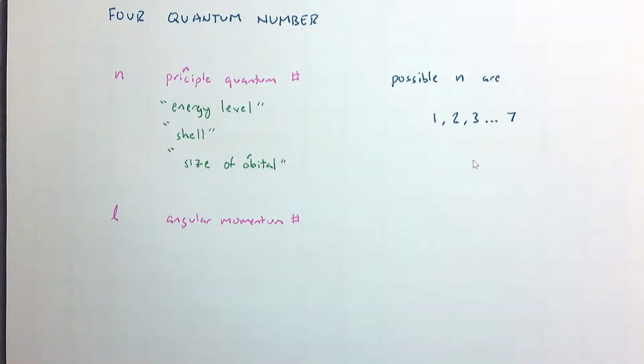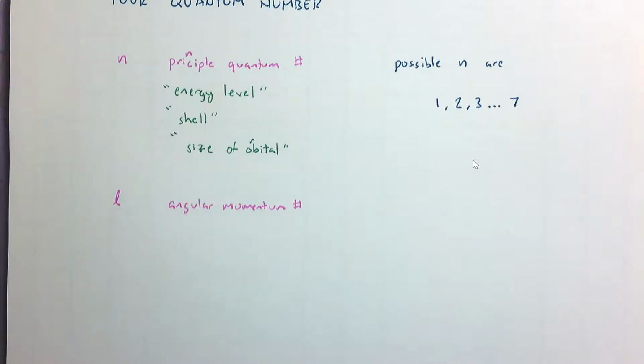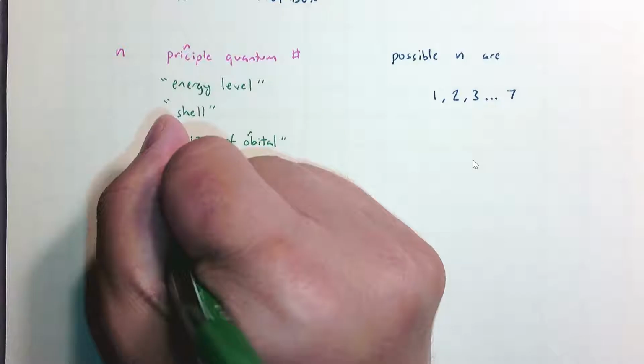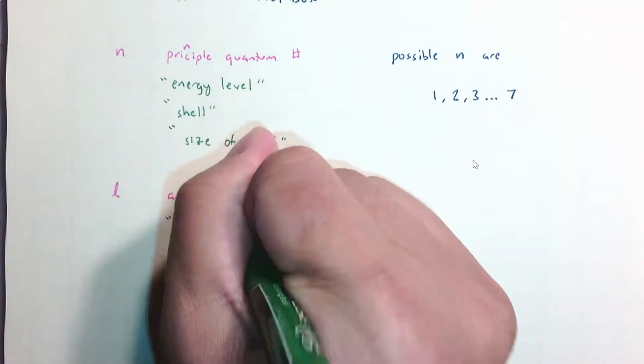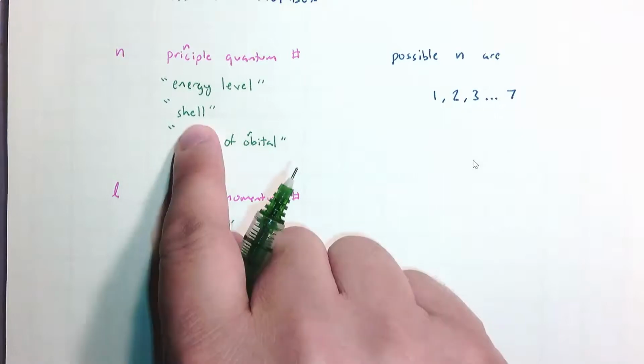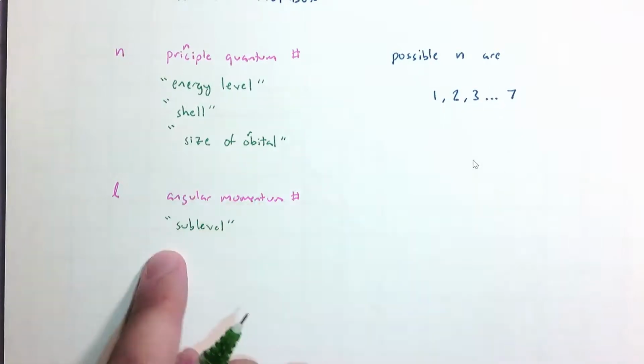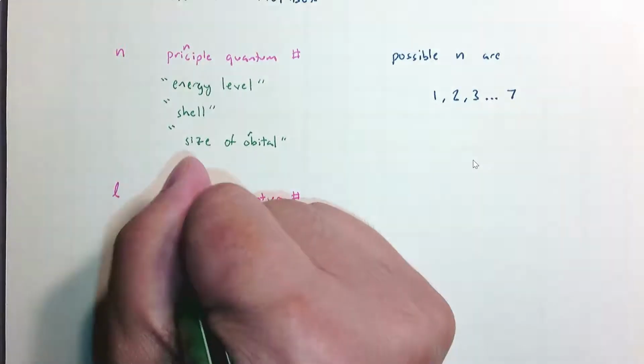Now what are its nicknames? If N is an energy level, this is sometimes called the sub-level, the sub-level quantum number. Or if it's the shell for N, beneath it would be the subshell.